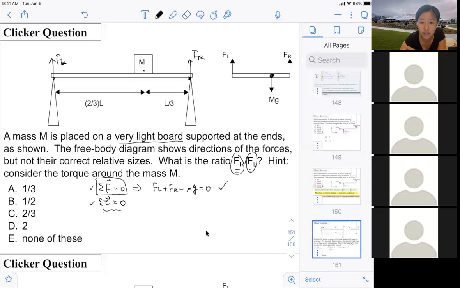All right, I don't think that required too much of a discussion, so I'm going to go ahead and let you vote. Feel free to take a moment to think before you vote, or use your scratch paper to write down the torque equation.